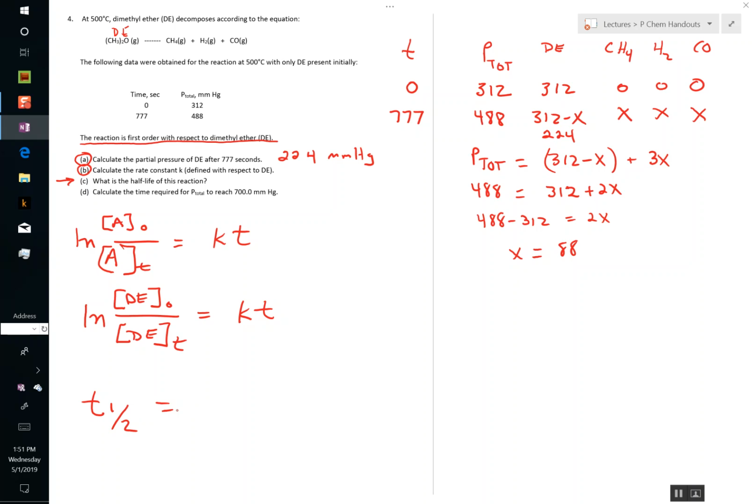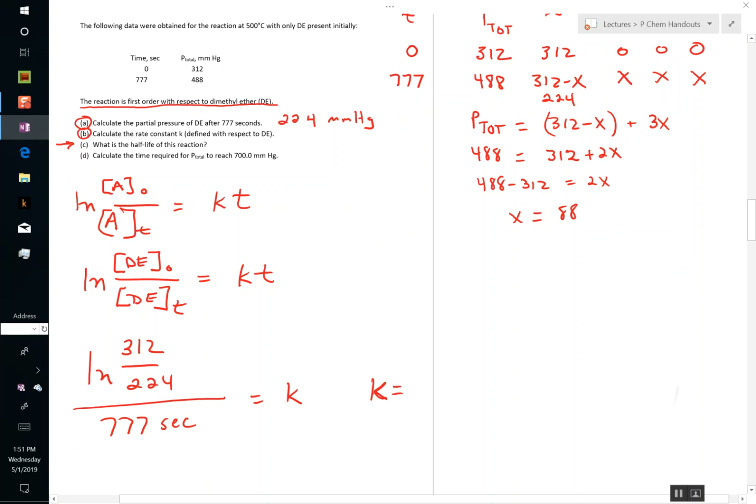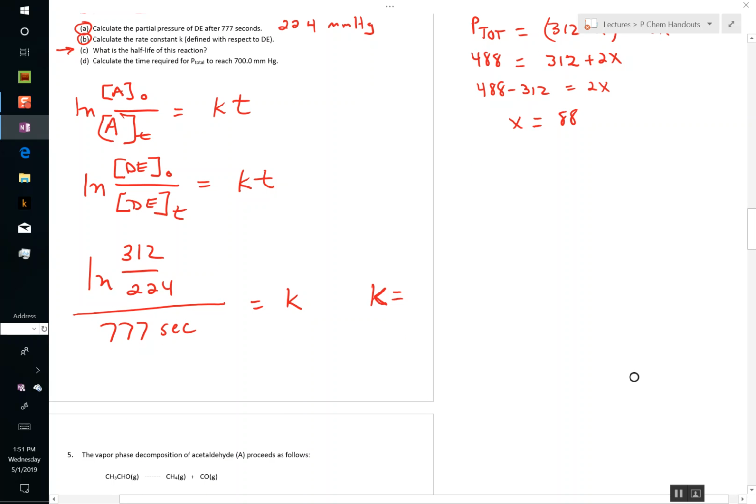So half-life would just be taking 312, half of it. It depends on the order of the reaction. It's first order, so I think the equation for first order is 0.693 over k.